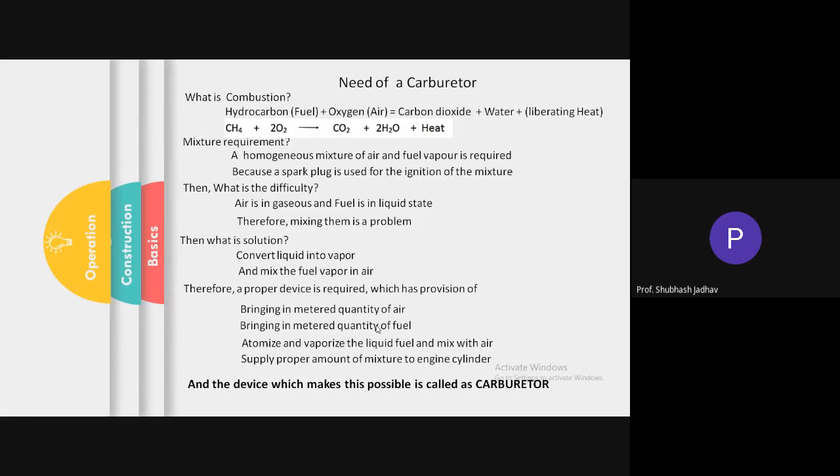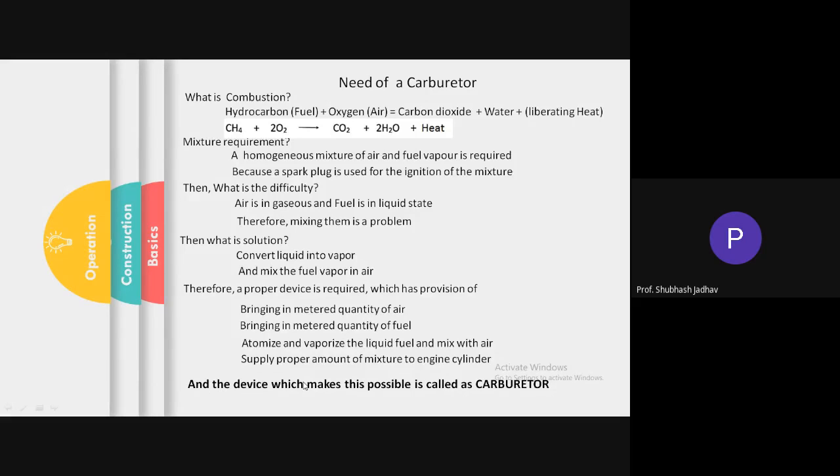So in order to ensure a proper air fuel ratio, we have to meter the quantity of air, meter the quantity of fuel, then atomize the fuel, vaporize the fuel, and mix it with air. And then we can supply the air fuel mixture of required quality, that is air fuel ratio, into the engine.